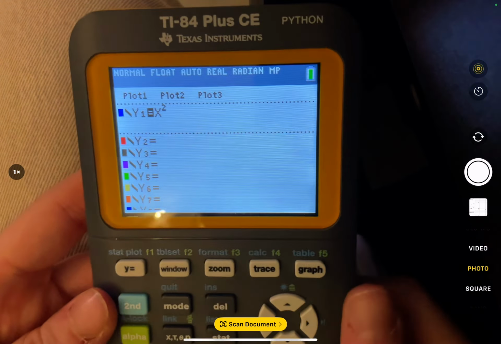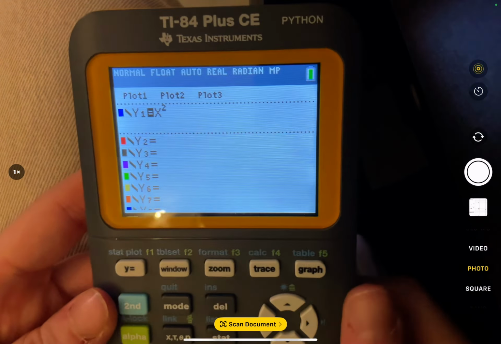And then we're going to graph it. So we go over here. We go to -2, 4, -1, 1, 0, 0, 1, 1, and 2, 4.